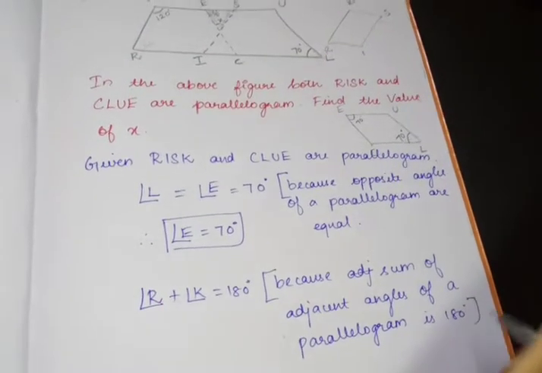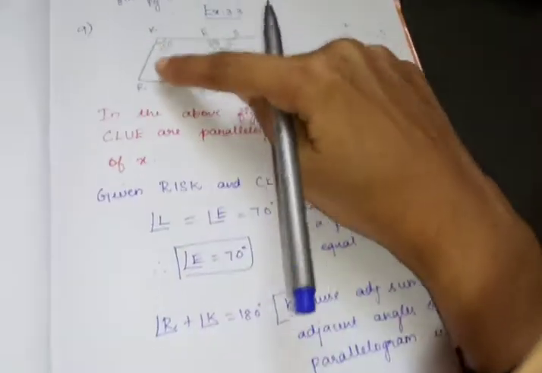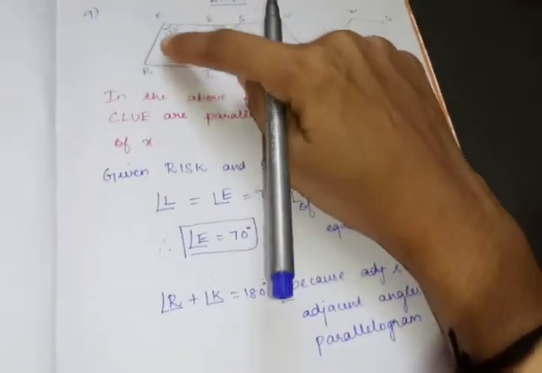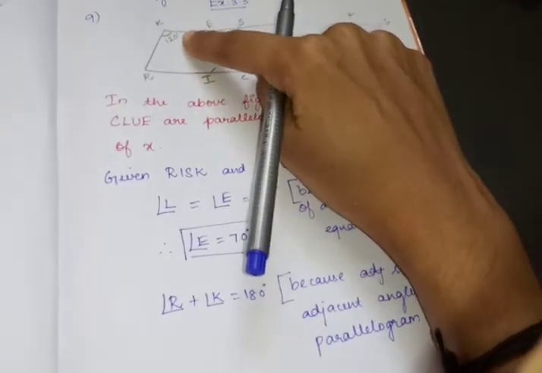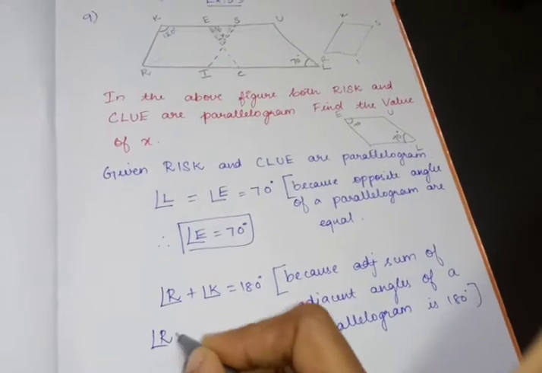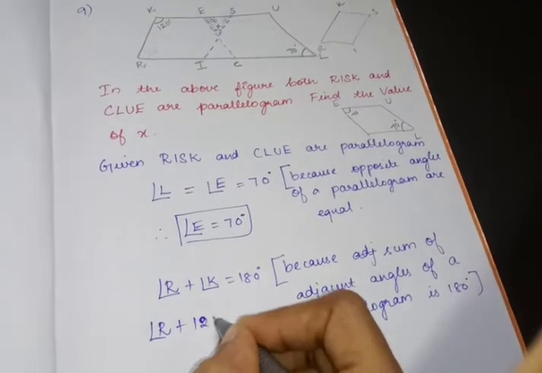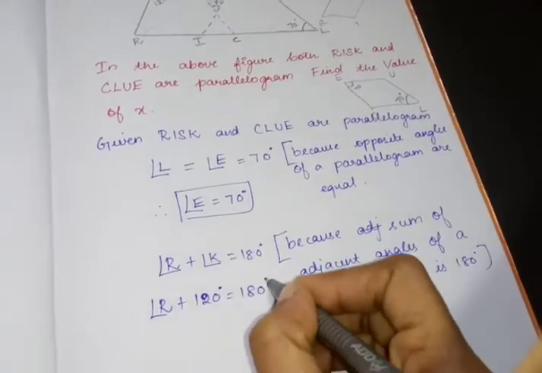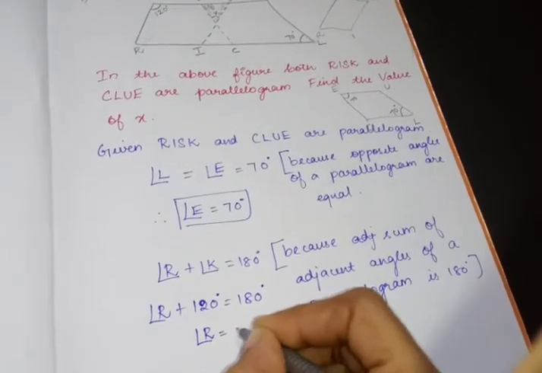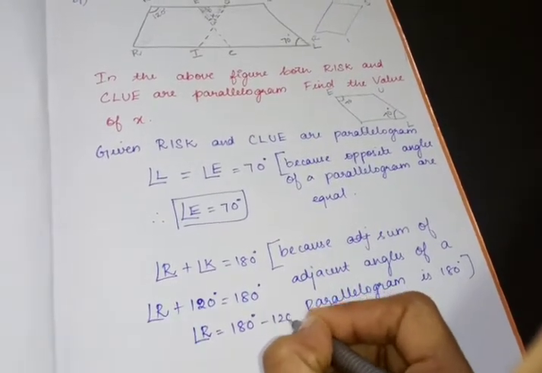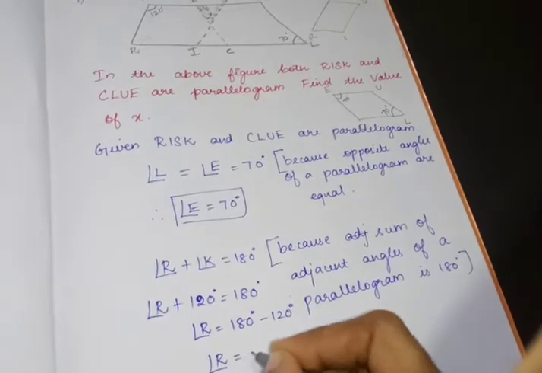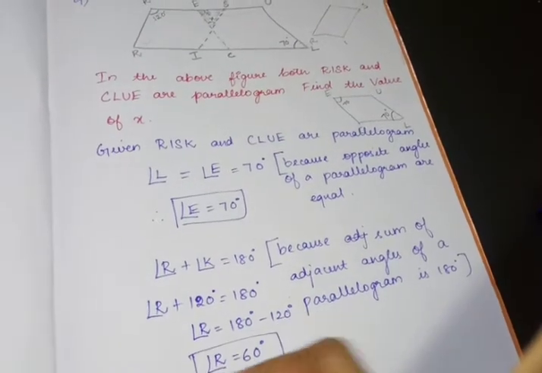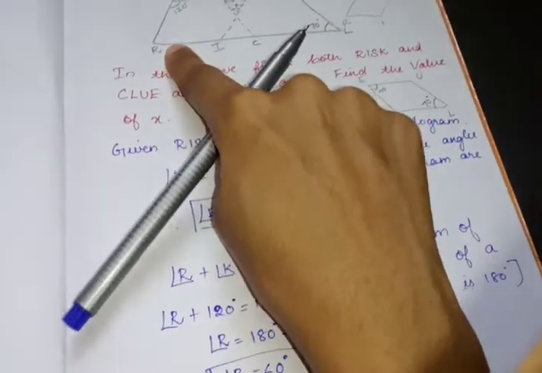Okay. Adjacent angles, only these two we know. I don't know the value of R. I know only the value of K. Angle R plus 120 is equal to 180 degrees. So angle R is equal to 180 minus 120. So angle R is equal to what? 60 degrees. We found the value of angle R, which is 60 degrees.